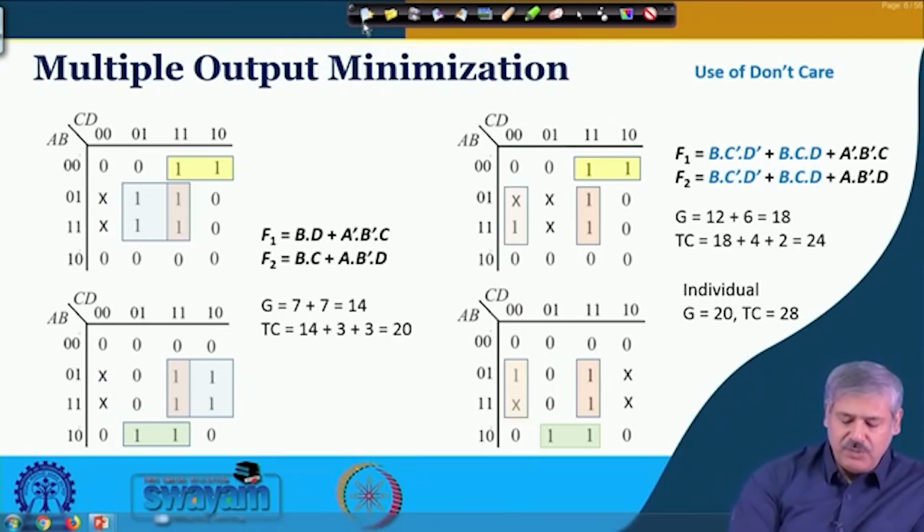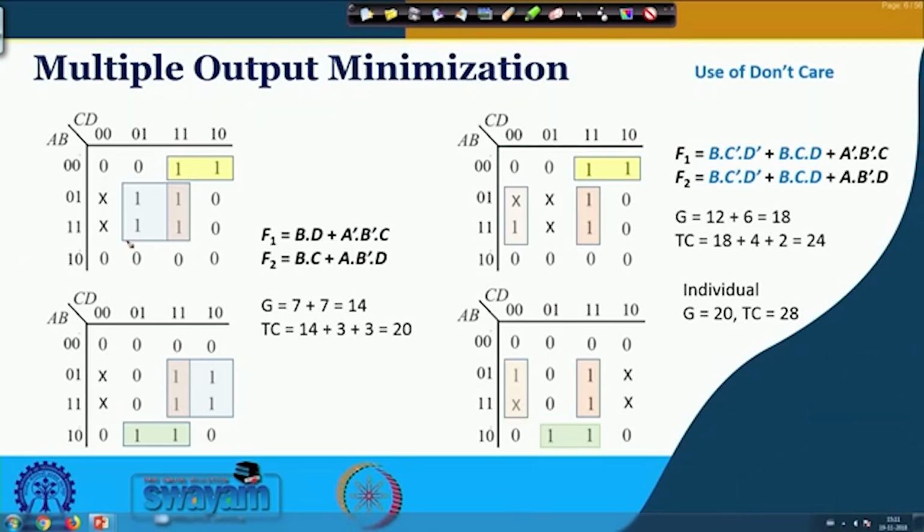What we can see is that with these do not cares you can come up with an expression like this, and this can be a common term the way we had seen before. But it is better if you have a combination of these and a combination of these, rather than going individually, because that will generate additional terms.